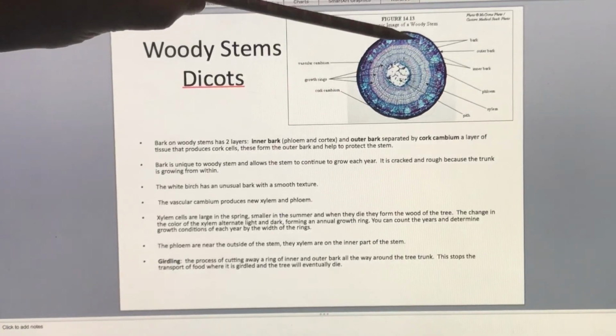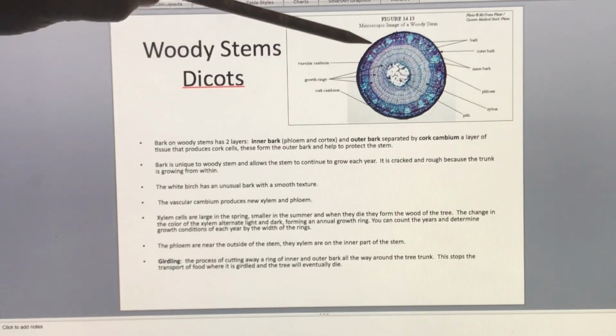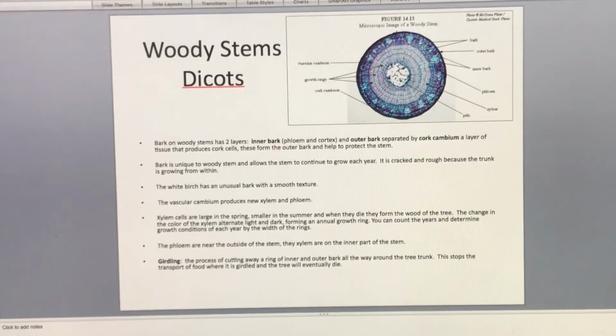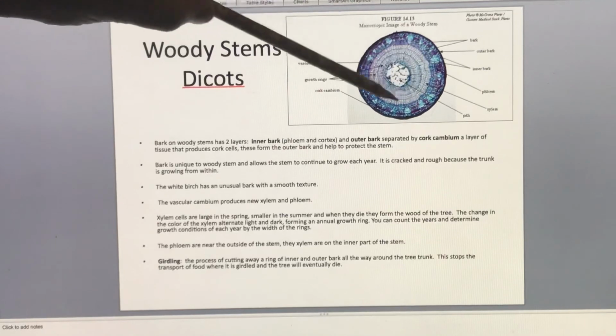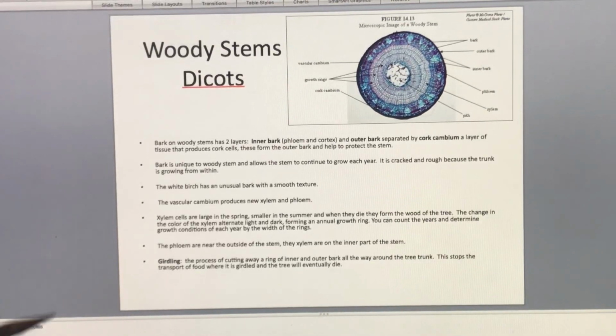That's where you cut or strip the tree totally around its circumference and take all the phloem off, and you can kill the tree that way. That would help people, I guess, who are trying to harvest wood to help the tree die and make it easier to cut down.